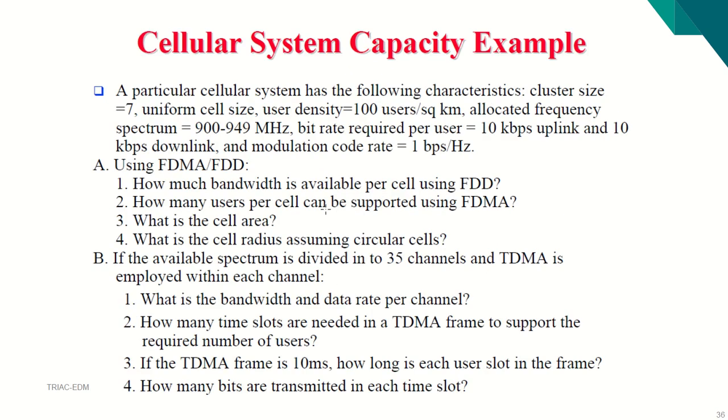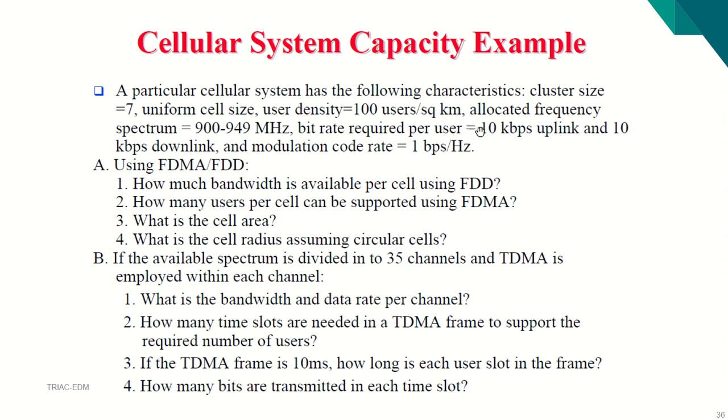Okay, so this is the cellular system, and one example is a particular cellular system with the following characteristics: cluster size 7, uniform cell size, user density 100 users per square km, and allocated frequency spectrum is 900 to 949.